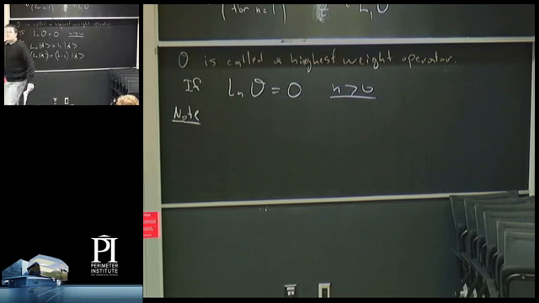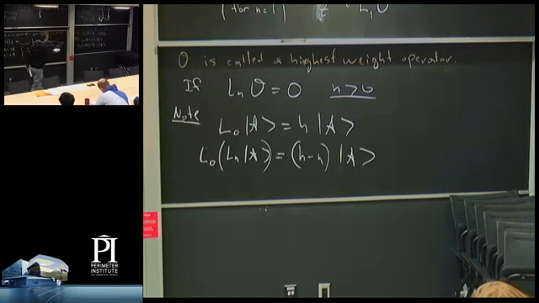Okay. So what this means is that eventually, if I keep acting with the lowering operators, I will get an operator which will be ultimately annihilated by further application of Ln.